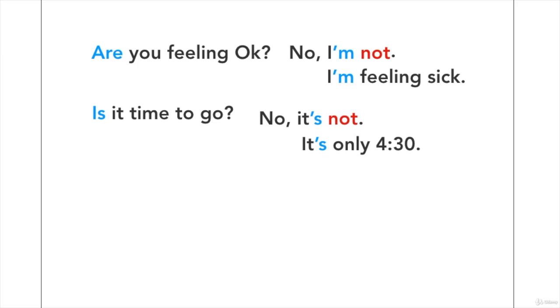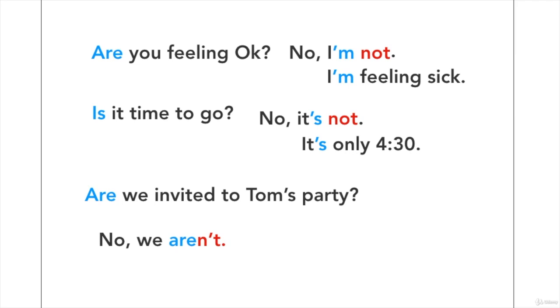It's only 4:30. Are we invited to Tom's party? No, we aren't. Only family is invited. If we start a question with the verb to be, our answer will always start with yes or no. We call these yes-no questions.